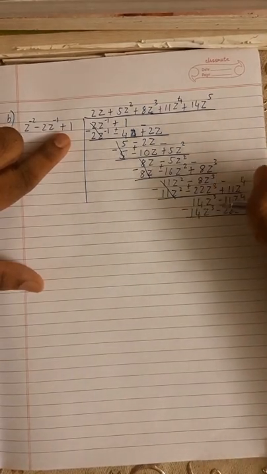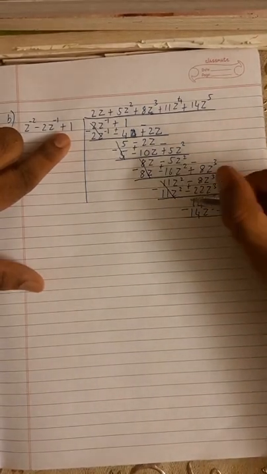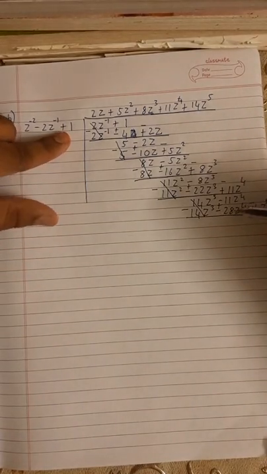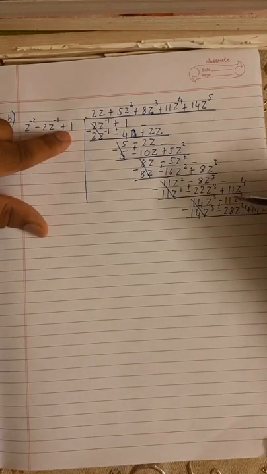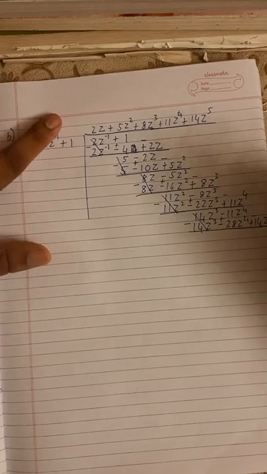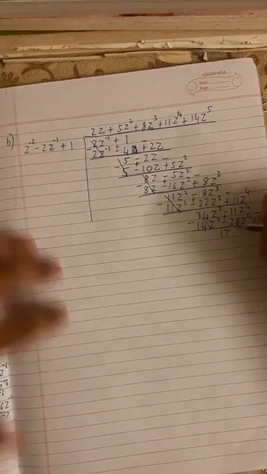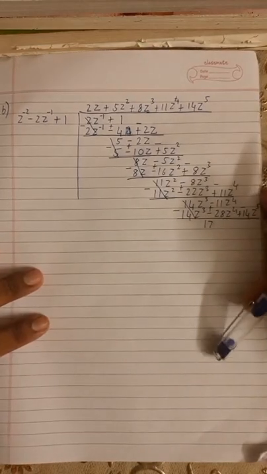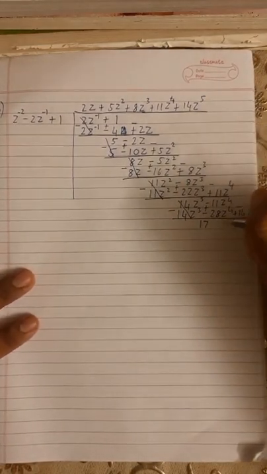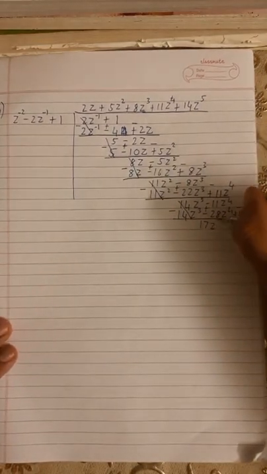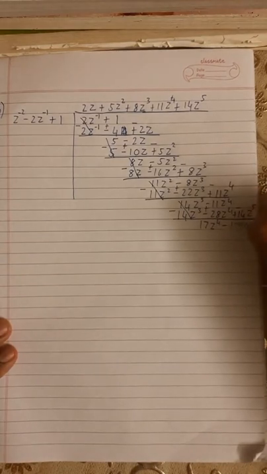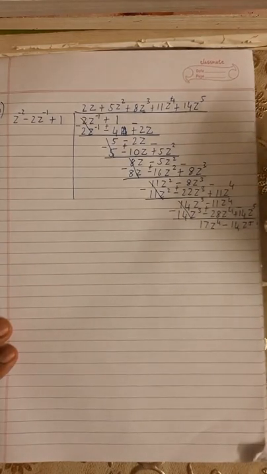So this is minus and this is plus, this is minus, these two will get cancelled, and this will become 28 minus 11 is 17, right? So I will have over here 17z raised to 4, and this will become minus 14z raised to 5.